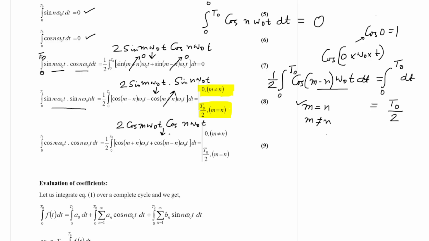Using that formula, the cos (m plus n) omega naught t term is simply 0 if we integrate it over a complete cycle, 0 to T naught. The second expression is again cos (m minus n) omega naught t. Whenever m is equal to n, we should get the result T naught by 2. Other than that, whenever m is not equal to n, it simply goes to 0.